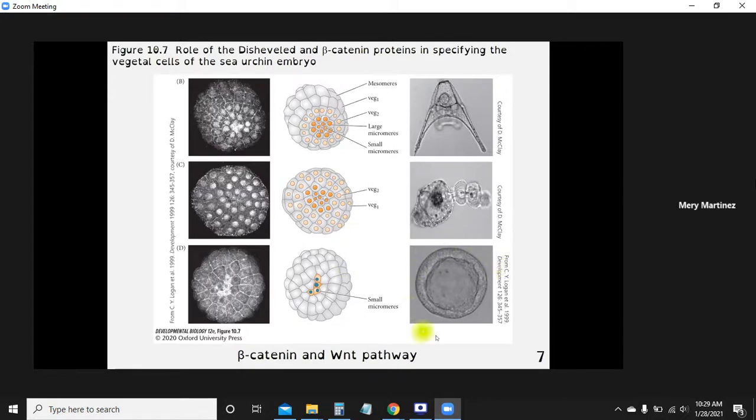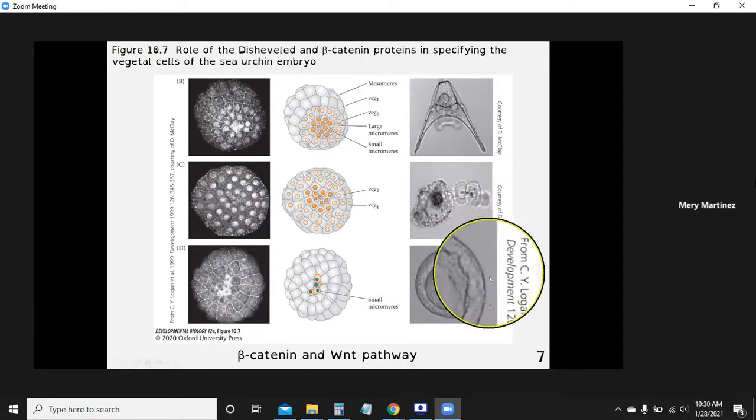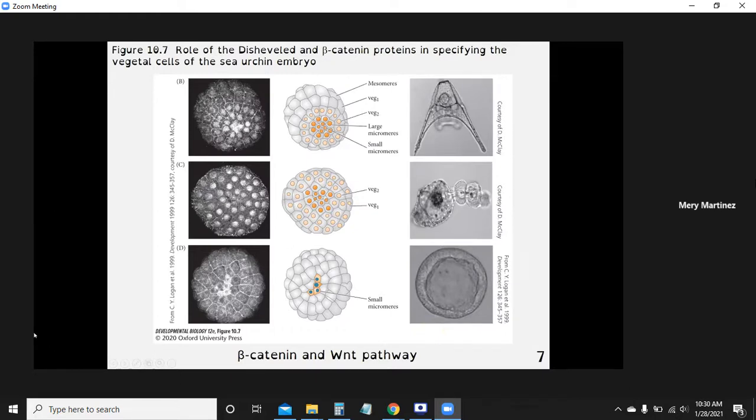It's just a ball of cells. You see the cells here, they're very faint on that edge. Okay, so no formation of endoderm or mesoderm. There are other factors providing input for the regulation of the micromeres, but I will not discuss them right now.